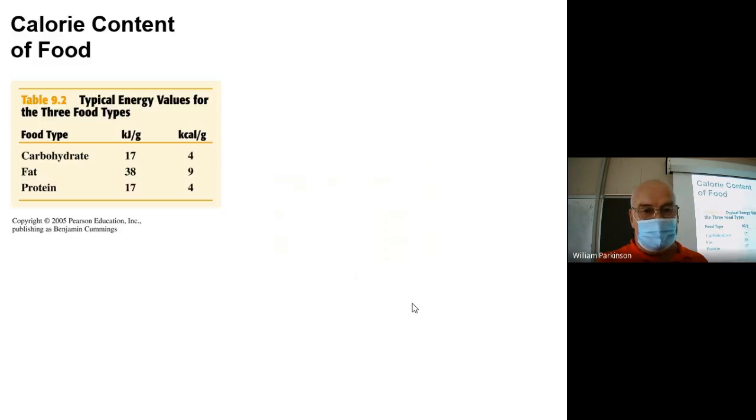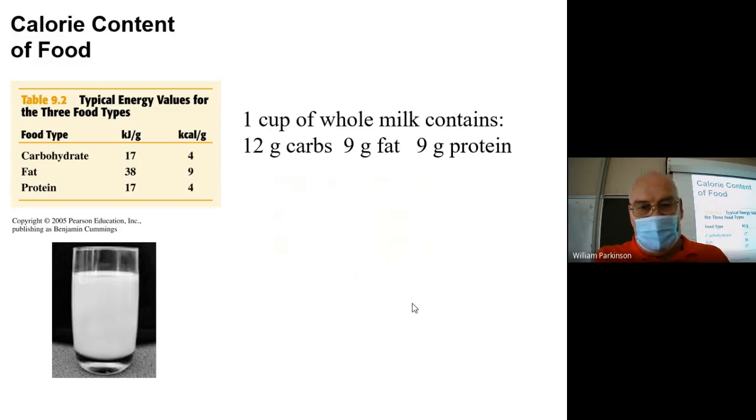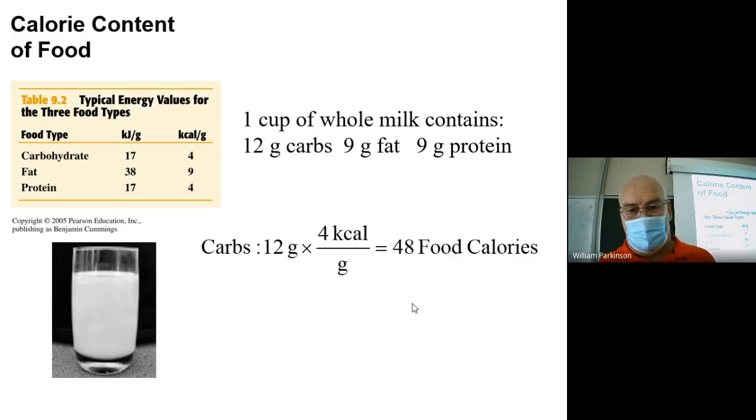So, for instance, I have a glass of milk, or a cup of milk, 8 ounces, I guess. It has 12 grams of carbs, 9 grams of fat, and 9 grams of protein. Remember, again, the food calories are the kcals. So I can take my 12 grams of carbohydrates, multiply by 4 kcals per gram.